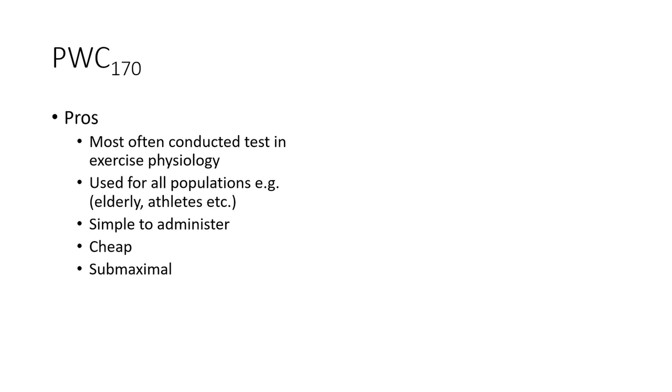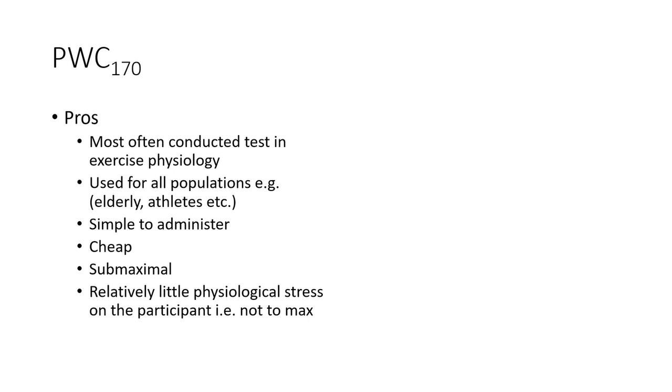It's submaximal, so they don't have to go to VO2 max or do a maximal test to get their heart rate up to maximum. So there's relatively little physiological stress. And it has very good repeatability. You can do it every day and you should get the same result.